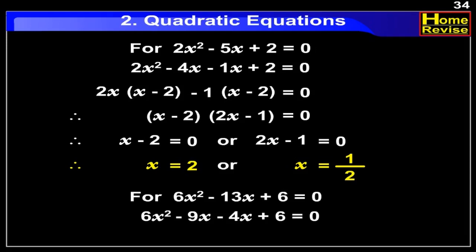Taking out 3x common from the first two terms, we get 3x(2x − 3), and taking out −2 common from the next two terms, we have −2(2x − 3) = 0.